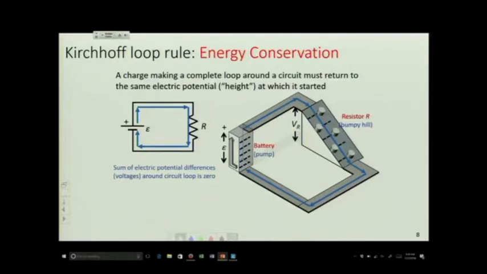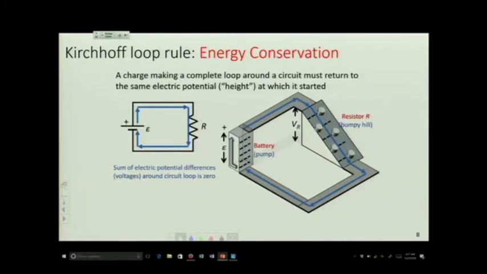So what you're saying is, at any point on the circuit, you can specify how much energy you have. But remember, we said that the wires are not using up energy. So I gain energy E. If the circuit is closed, I have to lose that same energy across the resistor.